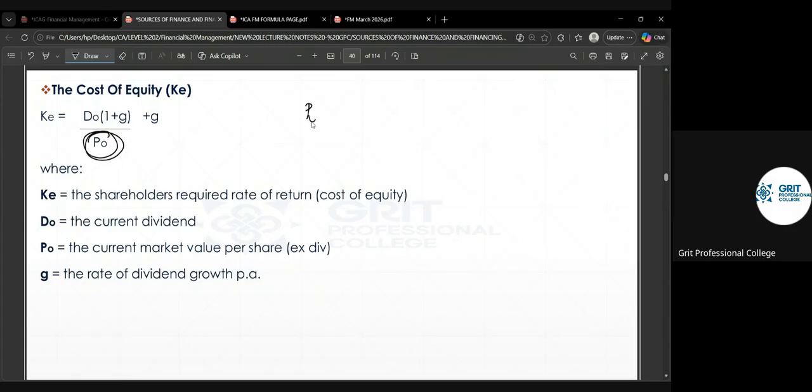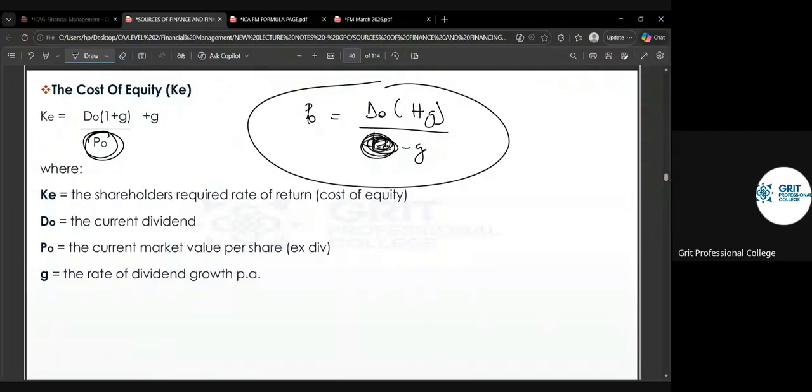So P0 was equal to D0 (1 + g) over (KE − g). Now we are looking for KE. So we have just taken this formula and made KE the subject, and that is what you are going to get here. In this class, we are not here to prove the formula to anybody. The formula is there in your formula sheet. Just know how to apply it. That is all. Okay? All right.